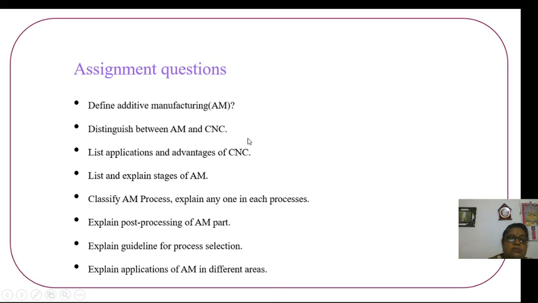Distinguish between additive manufacturing and CNC machines, as I have told earlier. List the advantages and applications of CNC machines, and also list and explain the stages of additive manufacturing. The question may be like this: what are the steps involved in the additive manufacturing process? First, you will have to develop the CAD model, then convert it into STL, then feed it into the system.